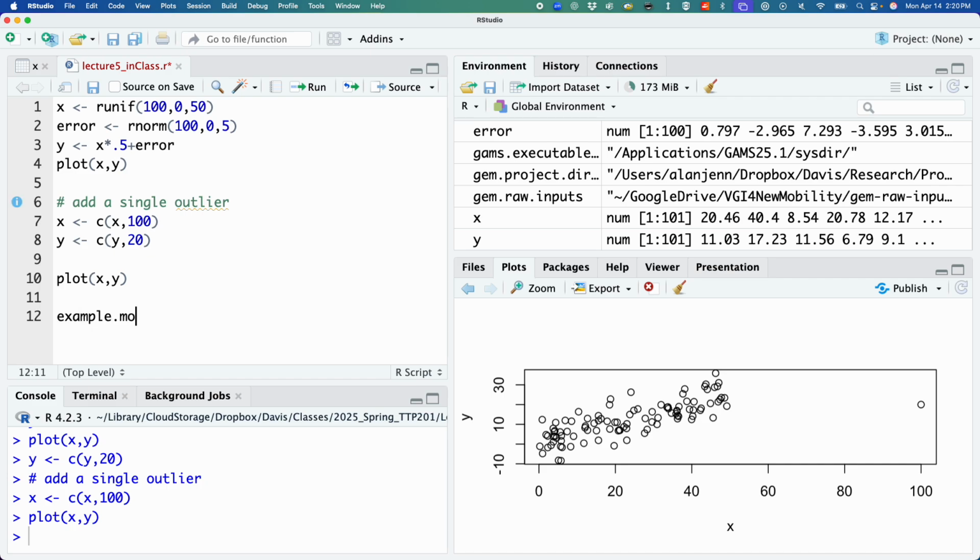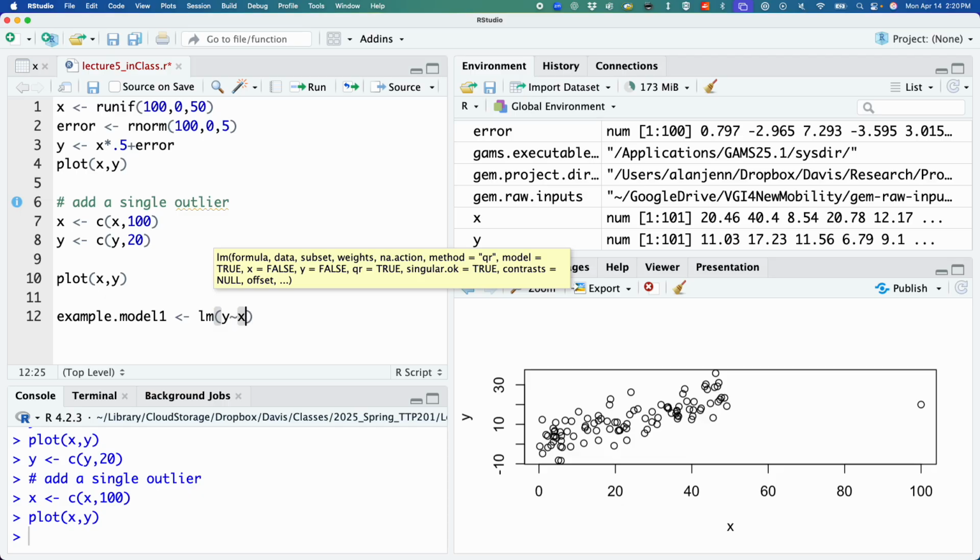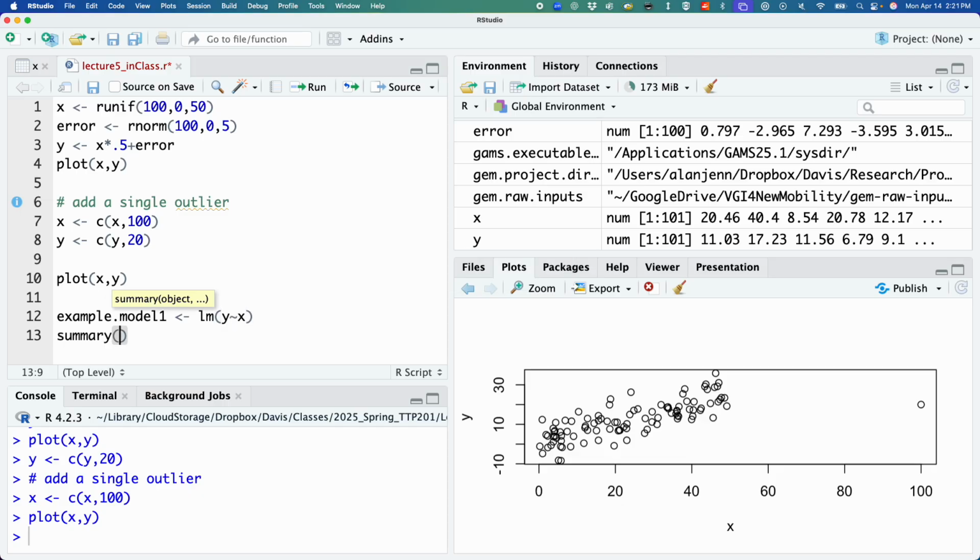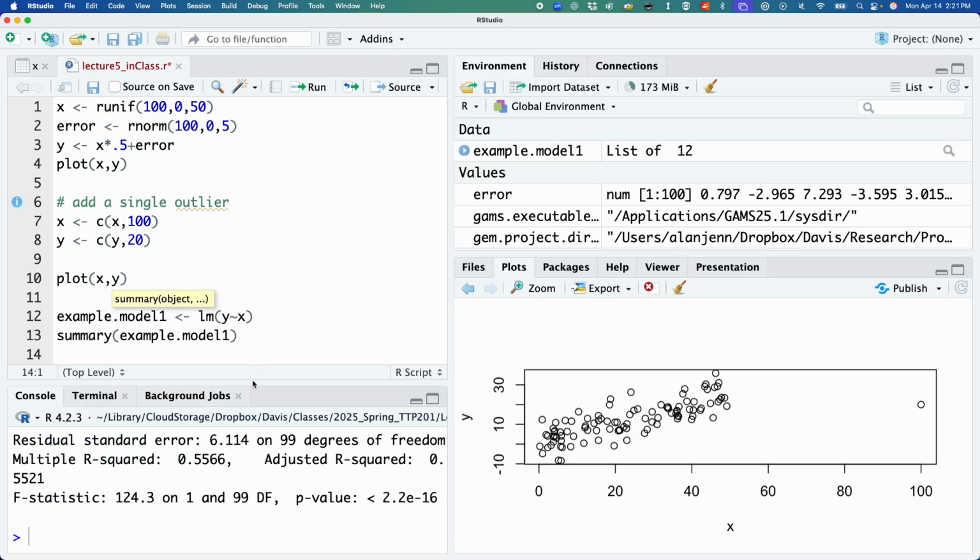Okay, so example model 1, lm of y on x, and summary of example model 1. So we know that the true value of the slope is about 0.5. And we know the true value of the intercept is about 0, right?